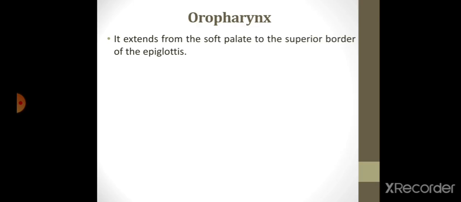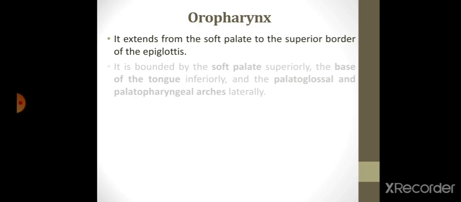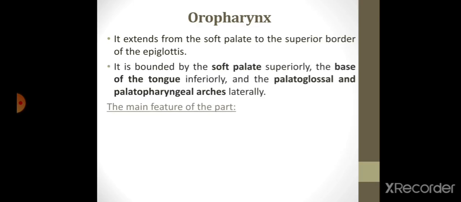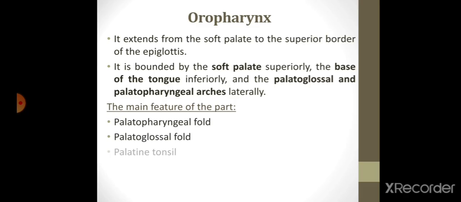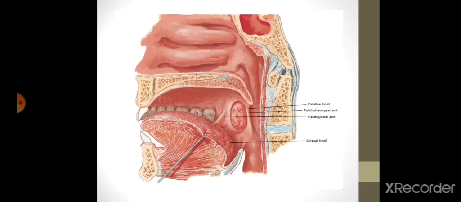Epiglottis is a part of the larynx. This oropharynx extends from the upper surface of the soft palate to the upper border of the epiglottis.